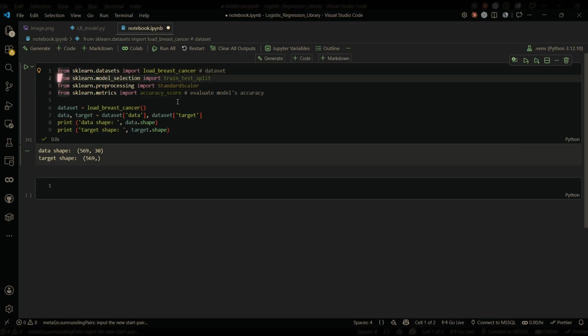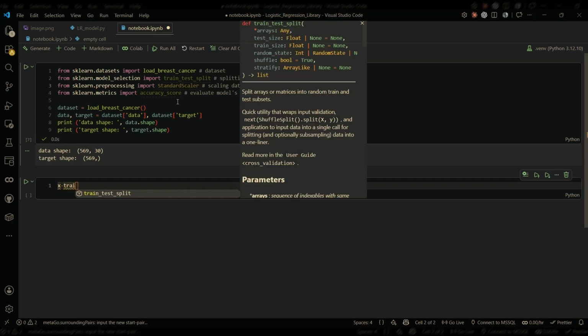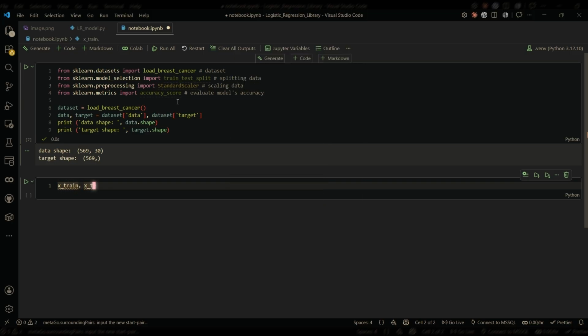This is for splitting data. This is for scaling data. So first, we're going to split the data using train_test_split by doing this.